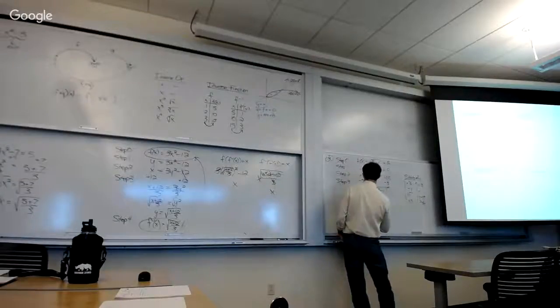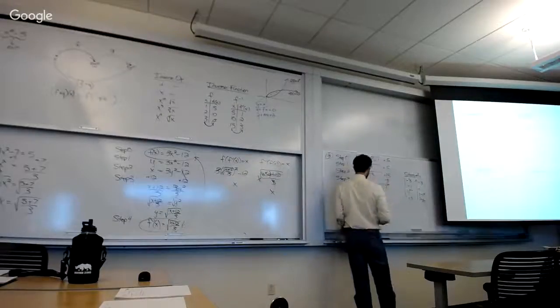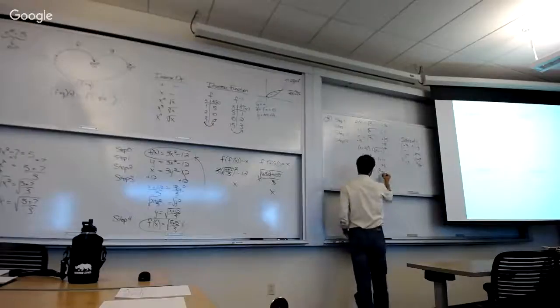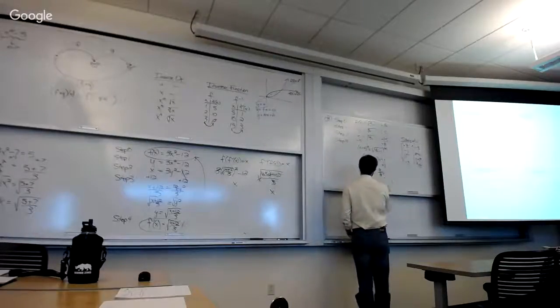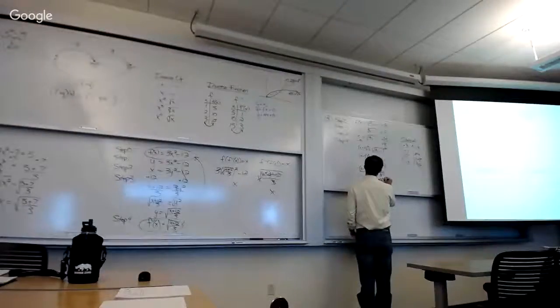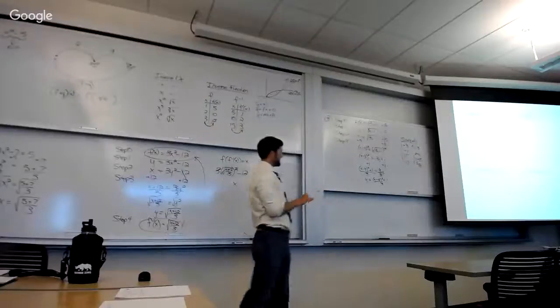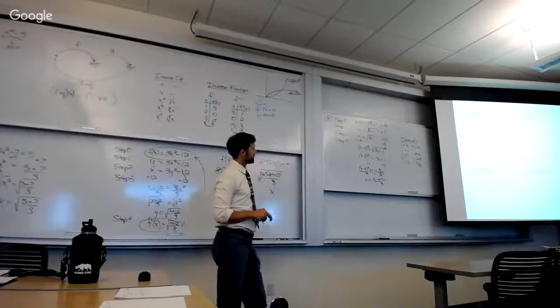So now I have (x minus 5) squared plus 1 equals 3y. Done with that step. And then I divide both sides by 3. And so that's y equals ((x minus 5) squared plus 1) over 3. That's the completion of the algebra process.